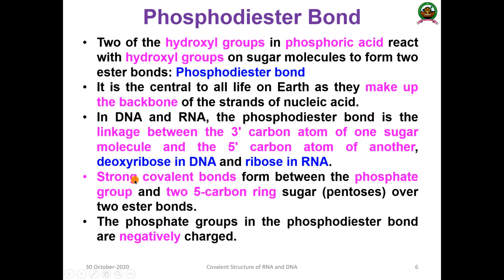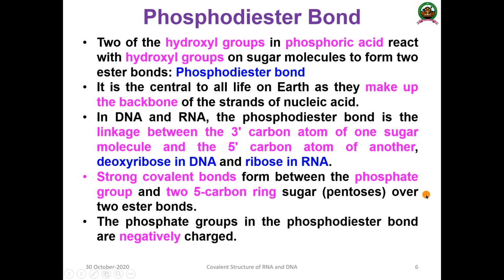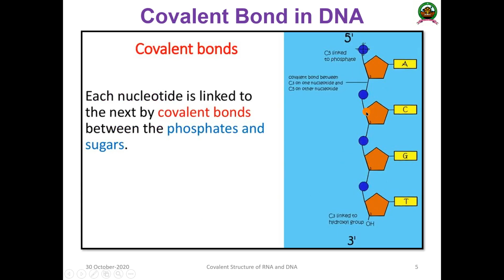Okay, and this is a strong covalent bond formed between the phosphate group and a 5-carbon ring, that is a sugar, which is a pentose sugar. You know that this is a 5-carbon sugar, a pentose sugar. Over two ester bonds. Okay, one is here, another one is here.